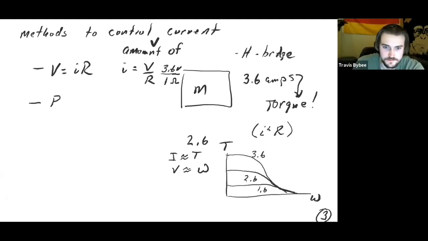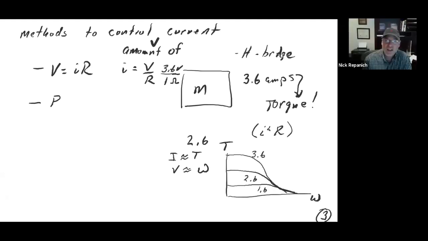Right. We don't do that. 3.6 volts gives you a curve. Let me show you what the curve looks like for 3.6 volts. There. That's what 3.6 volts looks like.